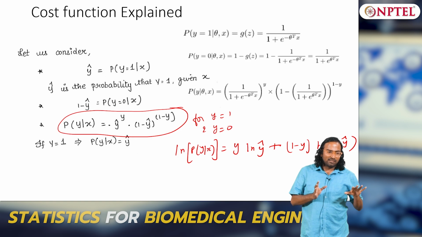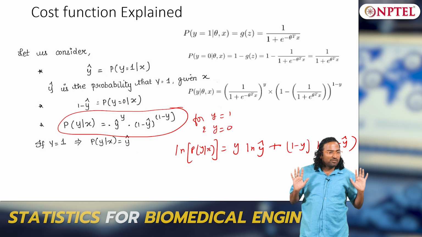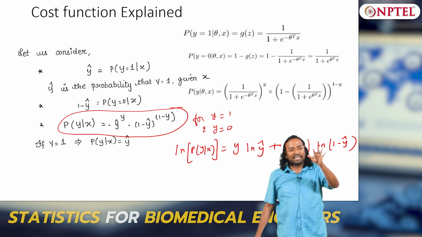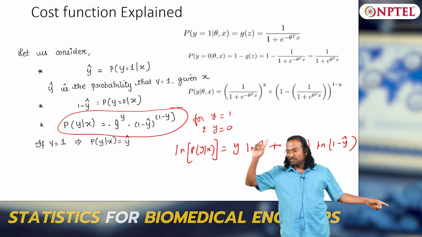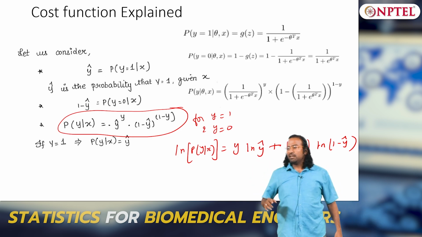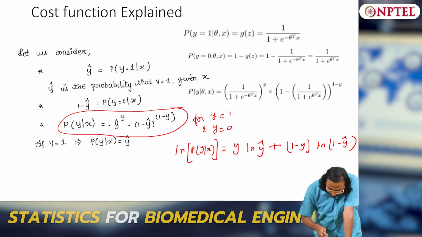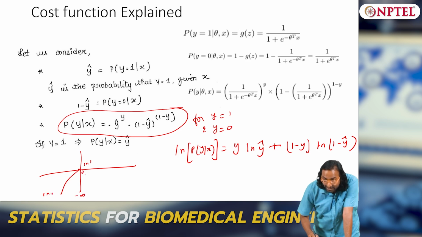Then I am going to take the negative of this. What is ln 0? In your range 0 to 1 the ln function is entirely negative. Okay. ln 0 is minus infinity, ln 1 is 0. So in the range of 0 to 1 the entire ln function is actually negative, from minus infinity up to 0.